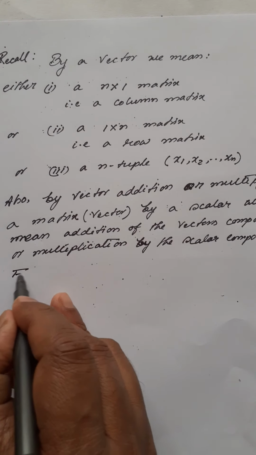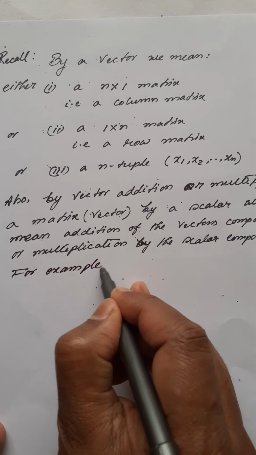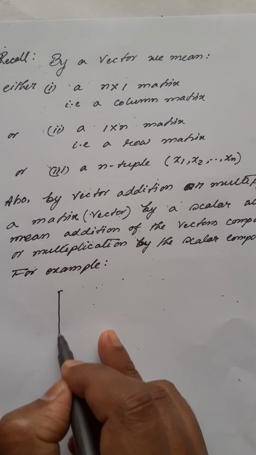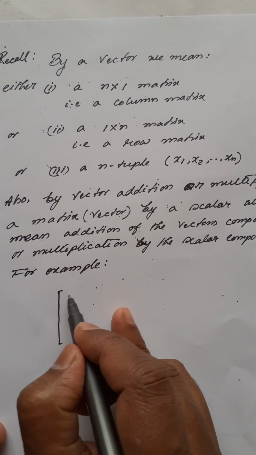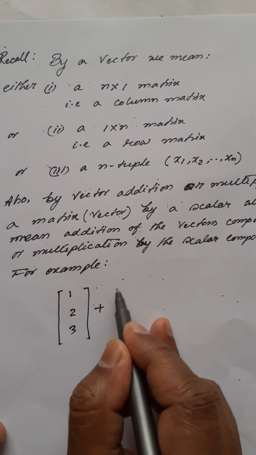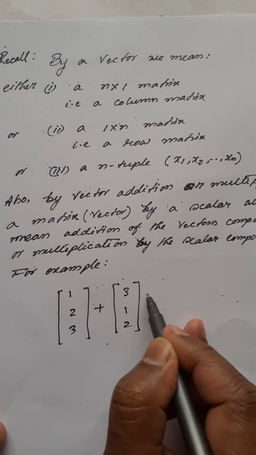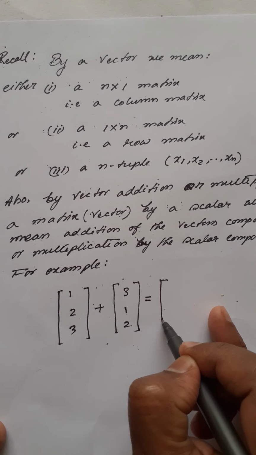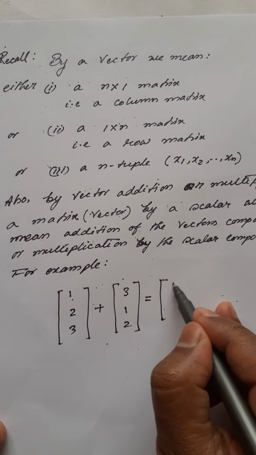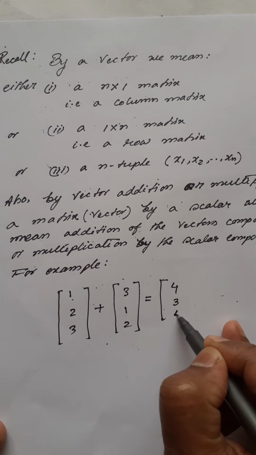For example, if we add the matrices or vectors, say 1, 2, 3 with 3, 1, 2, it is the same as 1 plus 3, 4, 2 plus 1, 3, 3 plus 2, 5.